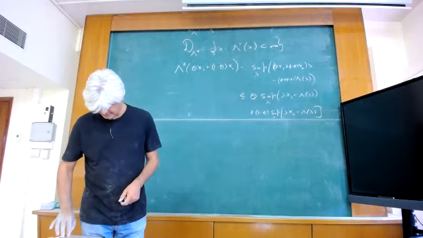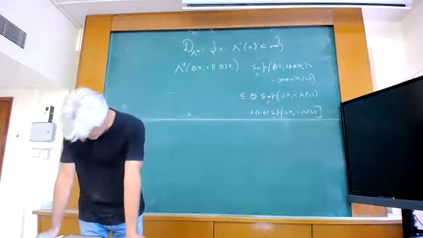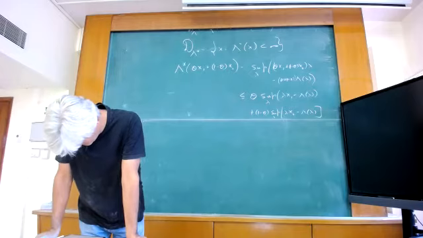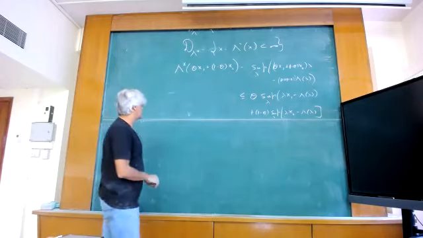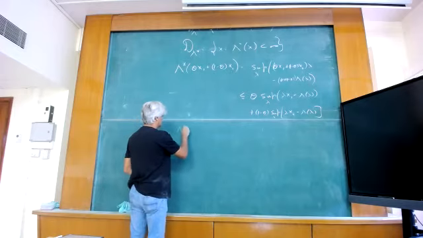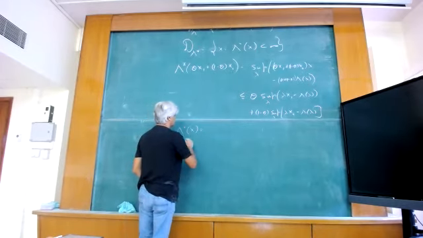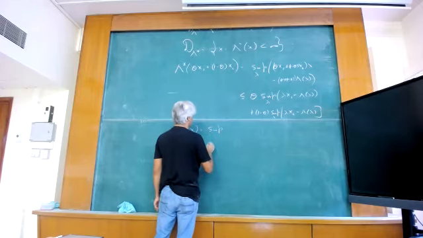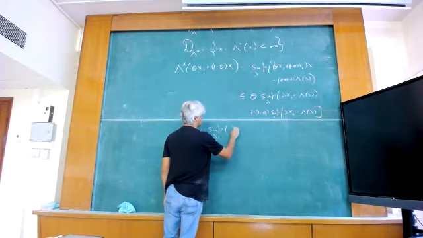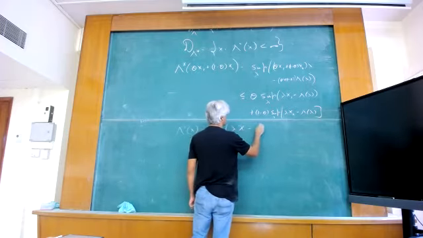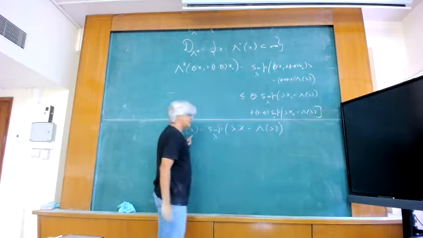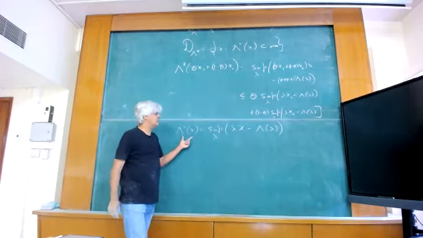Okay. What else do I want to show? Yeah, I guess one should also argue that lambda star x, the way we defined it, for it to be a rate function, first of all, it has to be non-negative.